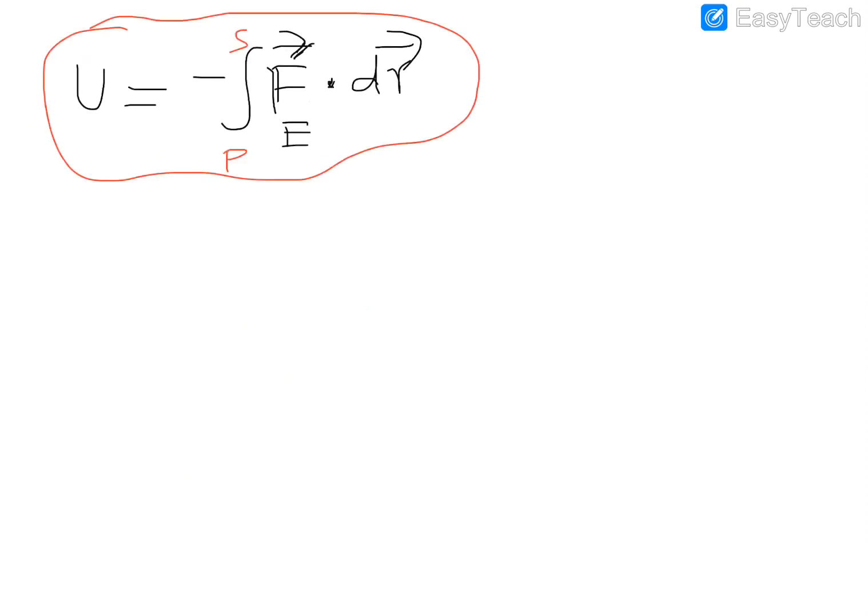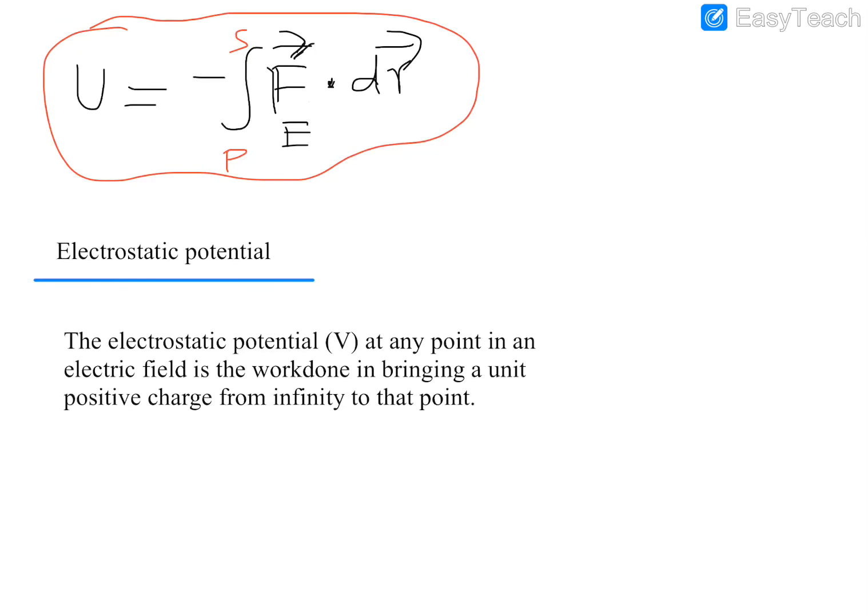Okay, so this is the definition for electrostatic potential. It is represented by the capital letter V. Electrostatic potential at any point in an electric field is the work done in bringing a unit positive charge from infinity to that point. The only change is that instead of a charge q, you are bringing a unit positive charge.